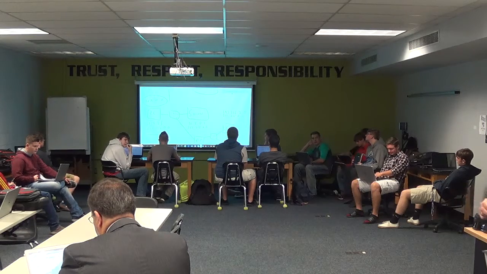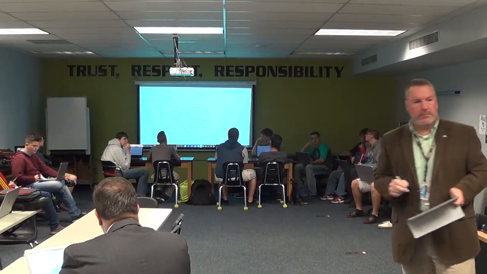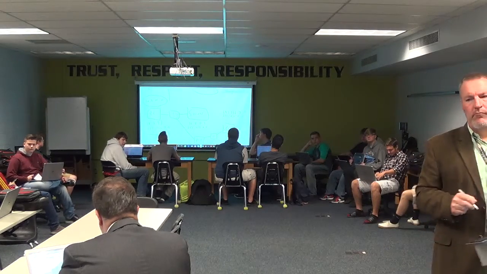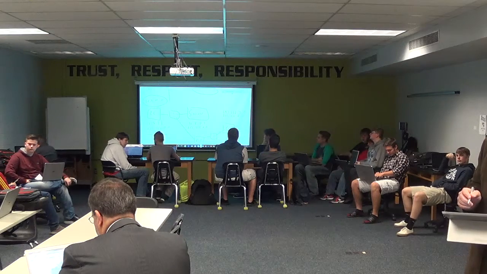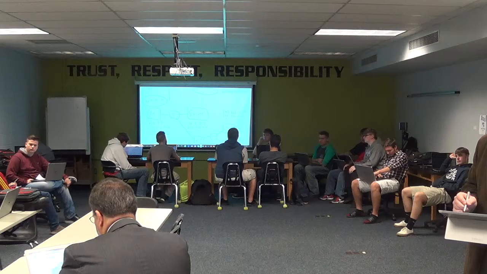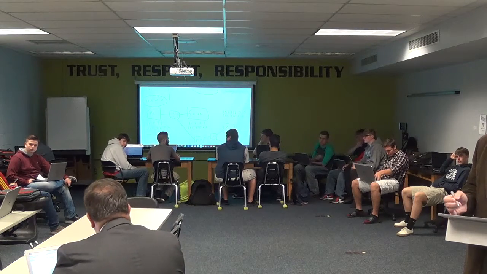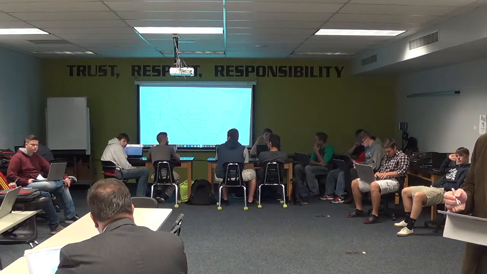Very good. Okay. Someone explain to me why. The subnet mask is that because where the zeros start in the actual digits, that's where we start the zeros on the subnet mask. Very good.